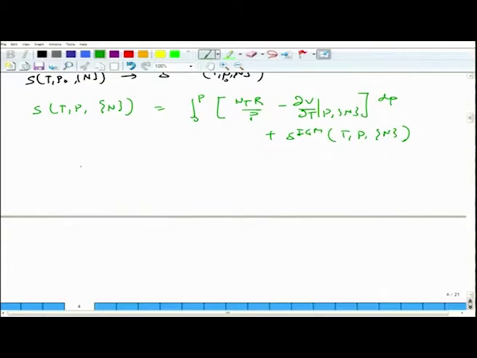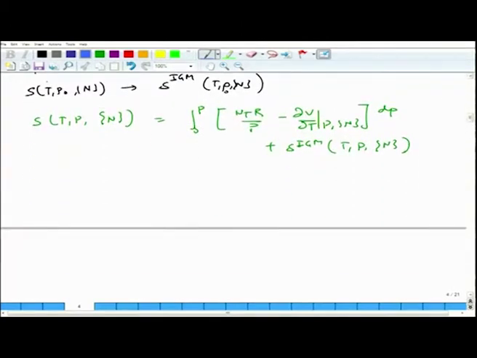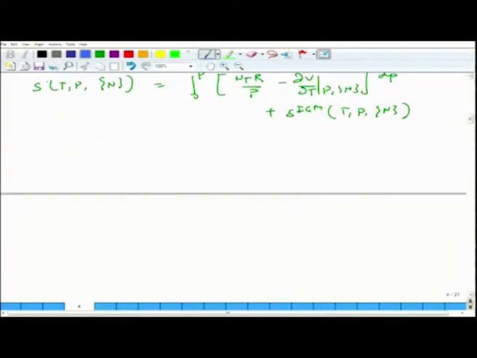Instead of taking P0 as 0, we can also consider, for an ideal gas, P0 as 1 atmosphere.